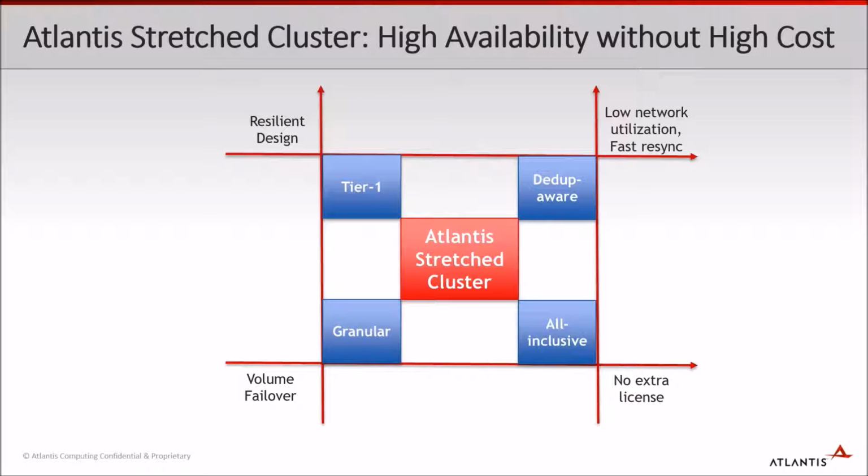But this solution is available, and this is like the pinnacle of HA and DR solutions that is available in the industry. And in the hyperconverged and software-defined storage segments, I'm not aware of any solution that does this three-site DR solution yet.